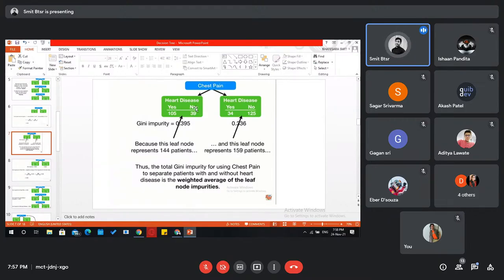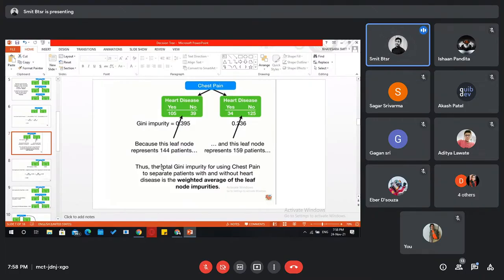Okay, so I hope you all also understand: chest pain yes, and then heart disease; chest pain no, and then heart disease. So these are two sub relationship values, values of impurity, and now we want to find a clear relationship between chest pain and heart disease.